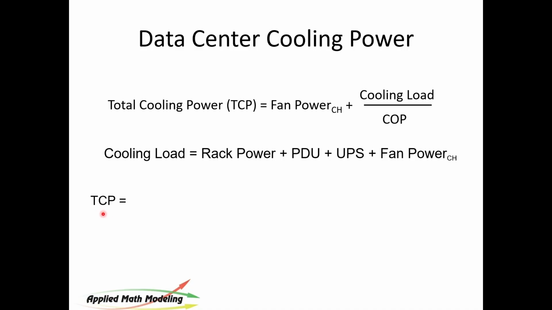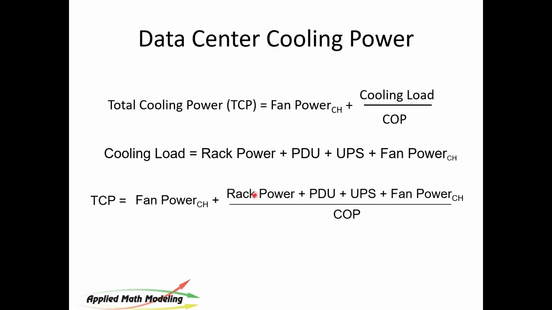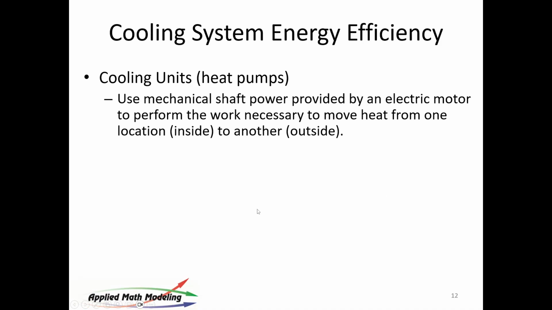So total cooling power really becomes the fan power to get the cooling air into the room, plus racks, PDUs, UPSs, and the necessary energy to get the heat from those fans back out, divided by the efficiency of your heat rejection system. This is the total cooling power. So that's how you look at it.